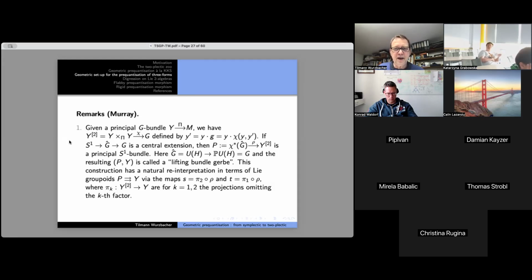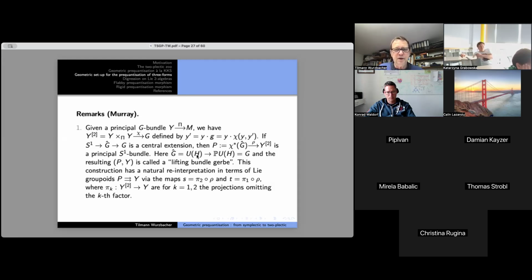So here in this case, PU(H) is our group G, and it has an obvious central extension, which is U(H). Then I can pull it back to Y2, and I have an S1 principal bundle over Y2. And this is the lifting bundle gerbe one is interested in here.